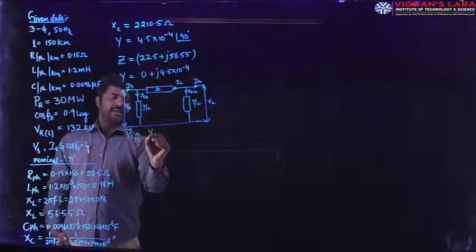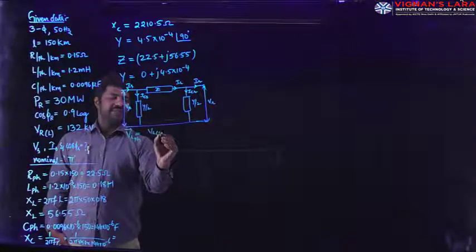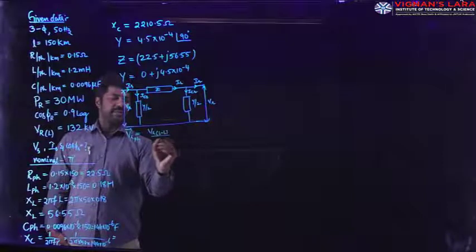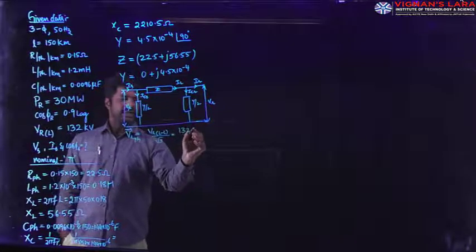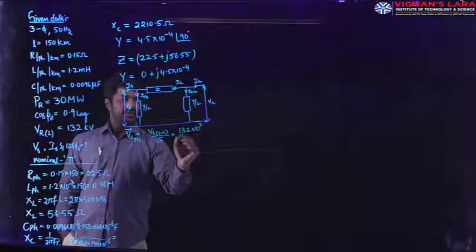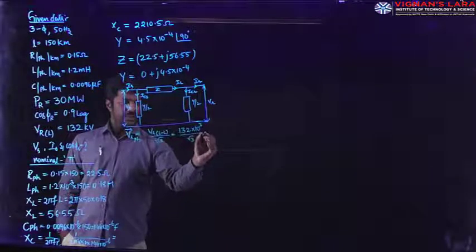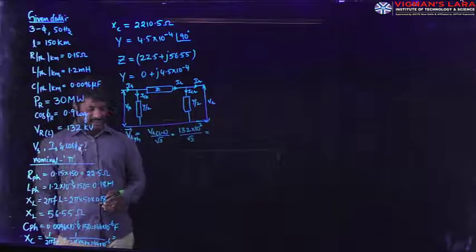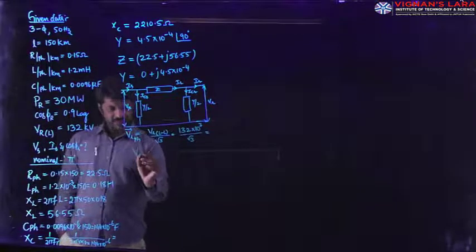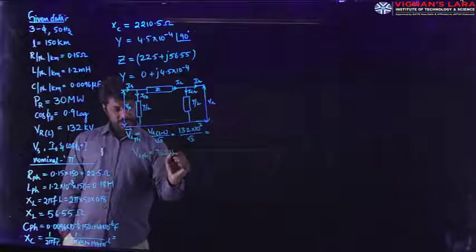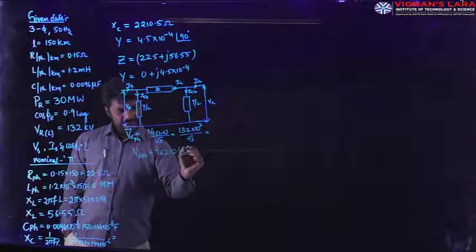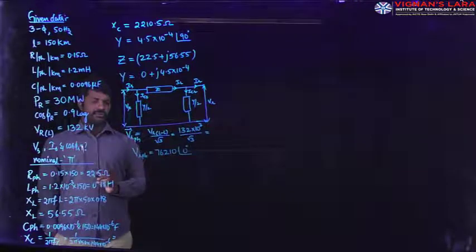So VR is defined in line values, divided by root 3, that is 132 kV by root 3. VR per phase is equal to 76210 volts, which is taken as reference at an angle 0.